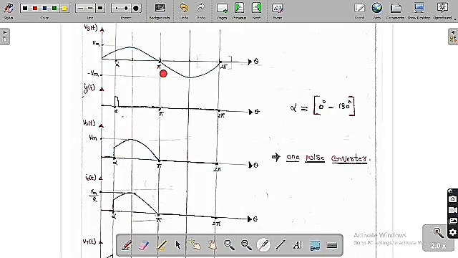Now the input voltage is Vs of t, which is Vm sin omega t. This is the curve we are going to get. Up to pi it is positive, from pi to 2 pi it is negative. As it is a thyristor, the firing angle alpha is going to lie between 0 to 180 degrees, means we turn on the thyristor based on our control.